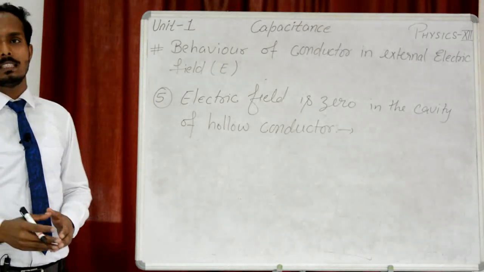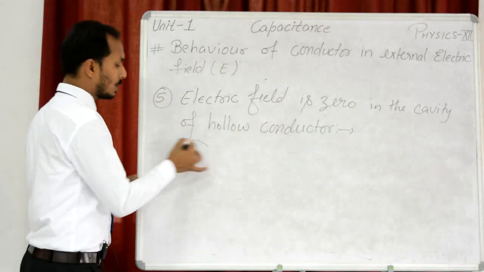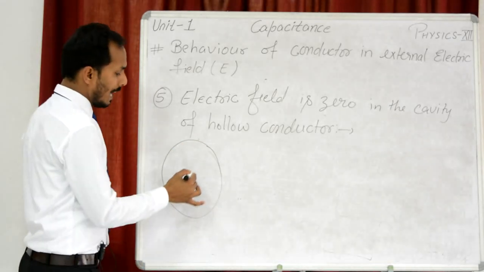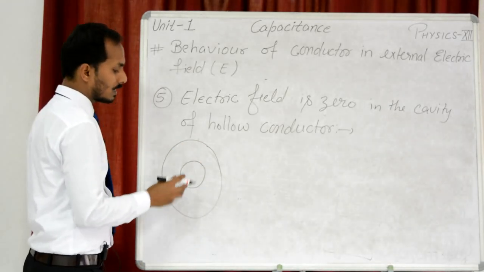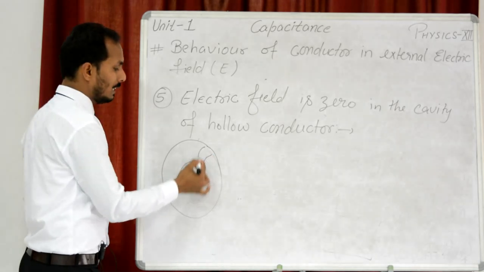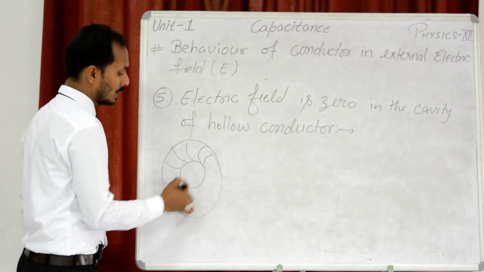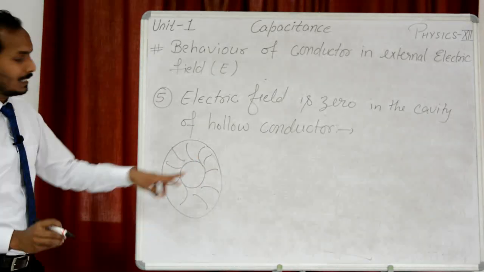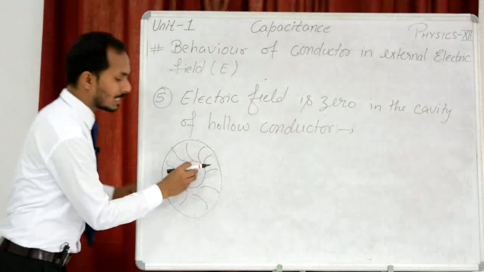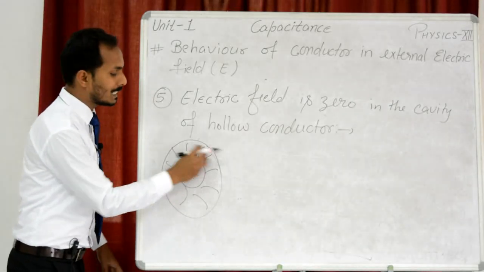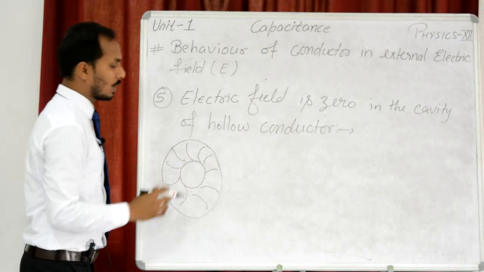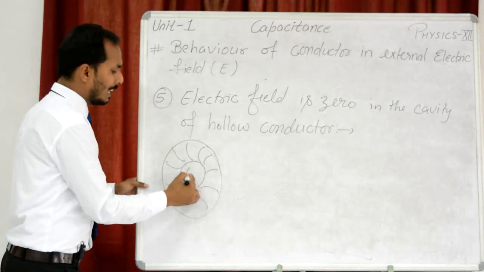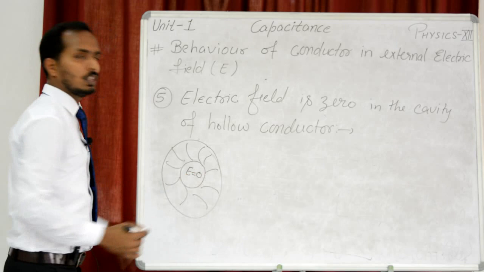What does it mean? It means suppose that you have a solid sphere and there is some hollow space inside this solid sphere. This is known as a cavity, because it has some vacuum, some space inside the sphere. And we earlier learned that the net electric field in the cavity is zero.